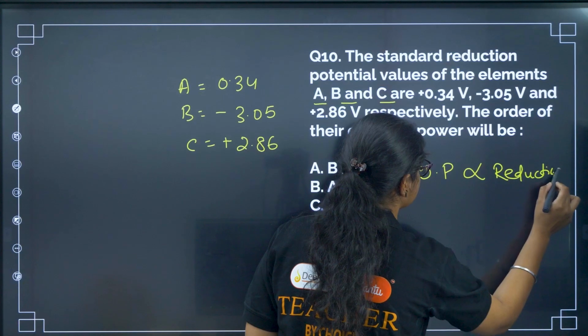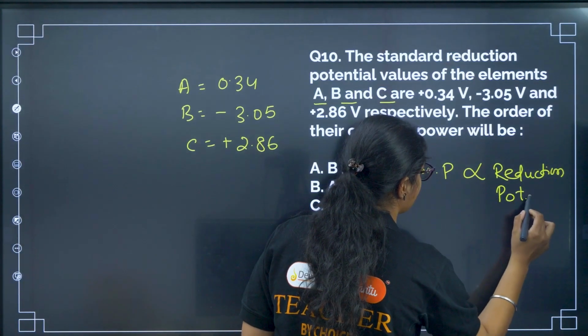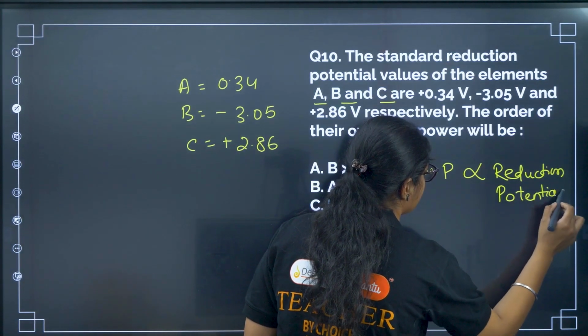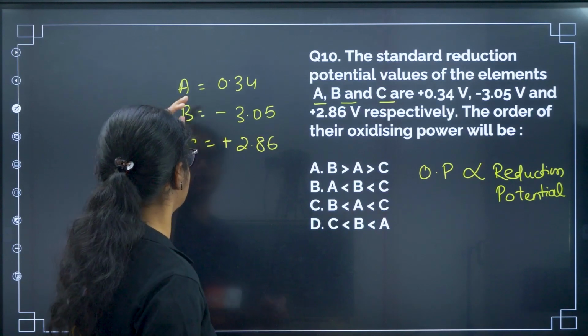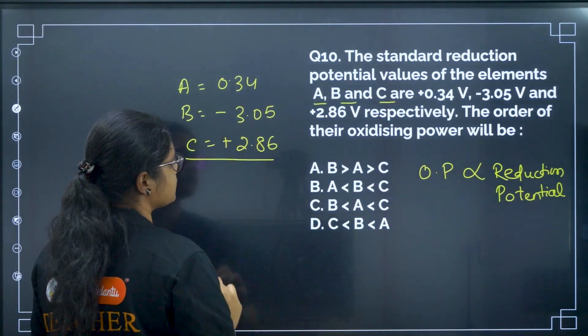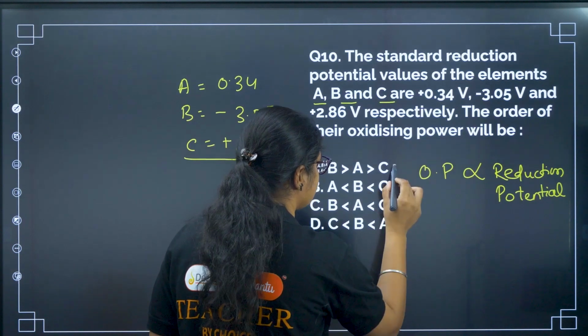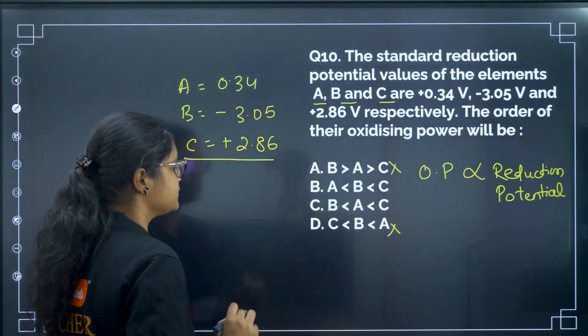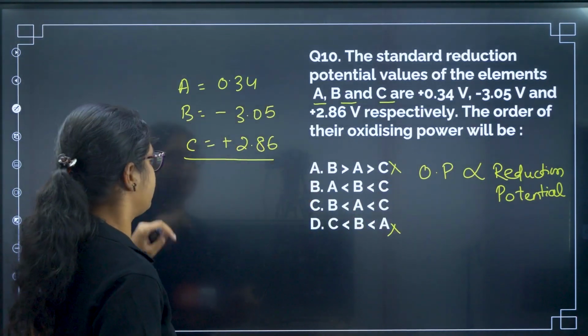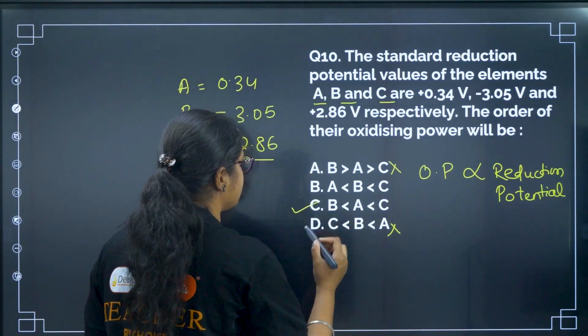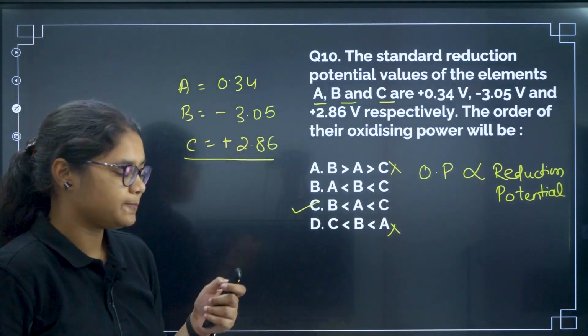Higher the reduction potential, higher will be the oxidizing power, right? So now if we see whose reduction potential is maximum, C. So the oxidizing power will also be maximum for C. So this one we can eliminate, this one we can eliminate. We have two options left. Next one is for A. So C, A and then B. Correct answer will be option C.